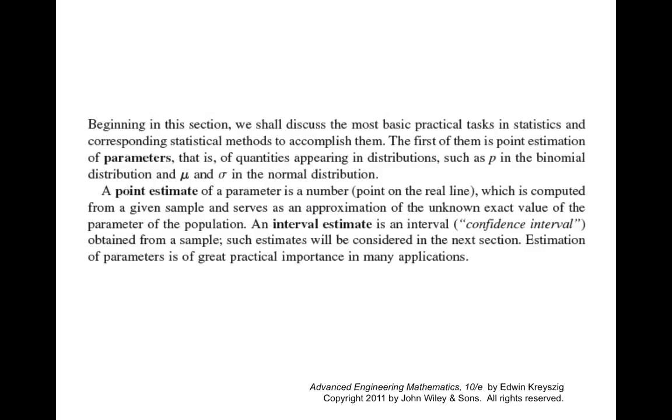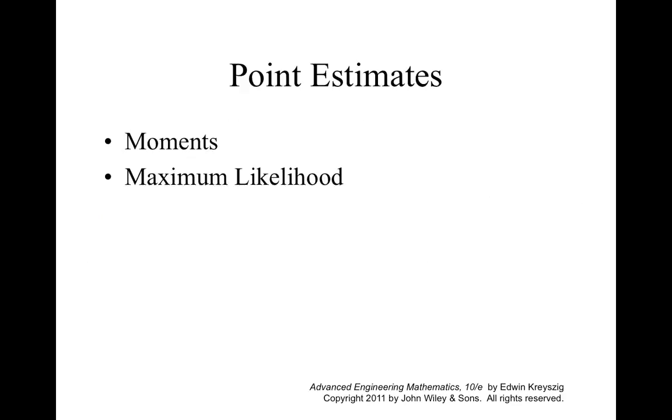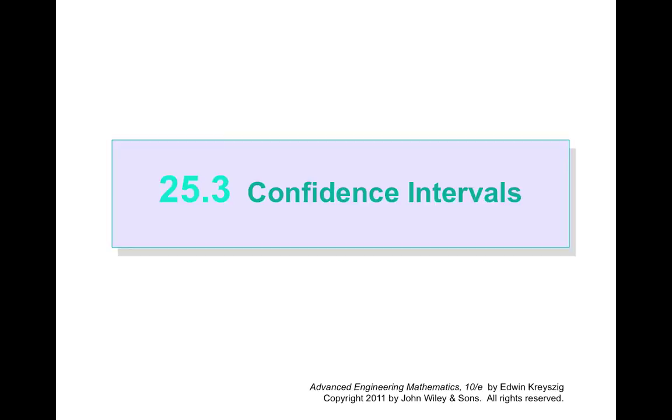However, this is extremely important practically because in very few cases can we actually sample the entire population. So some examples of point estimates might be moments or the maximum likelihood, and as we discussed before, the variance, the standard deviation, the mean.